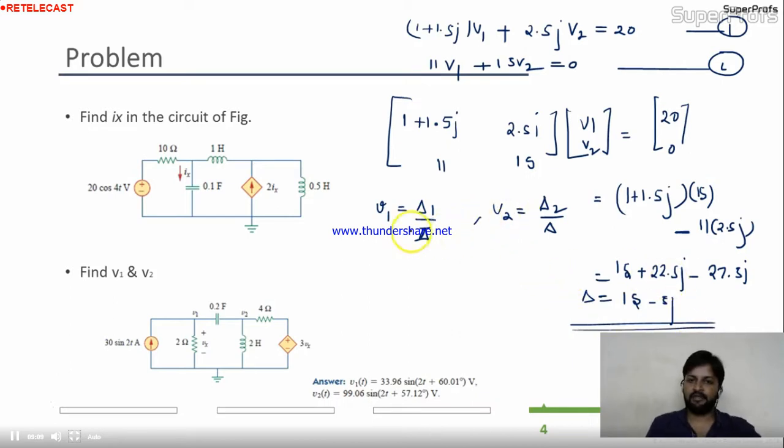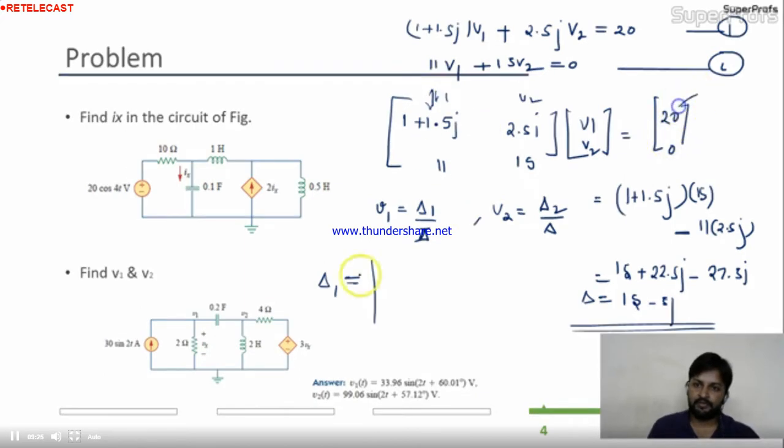Now what is del 1? To calculate del 1 in this matrix, this is the V1 column, this is the V2 column. So in this V1 column, you have to put these values 20 and 0, and the remaining will be the same. In this way, you will calculate del 1.